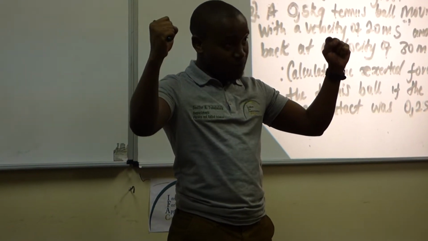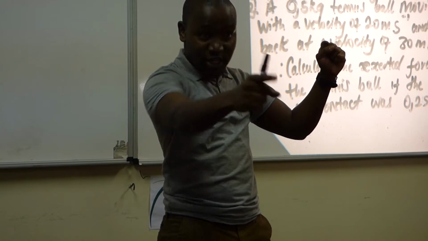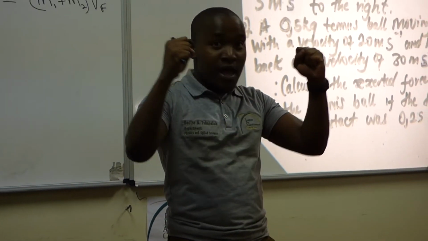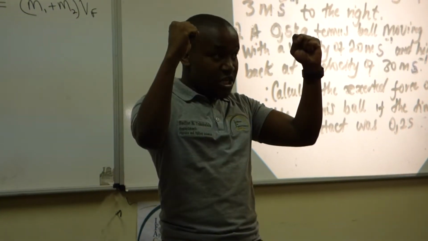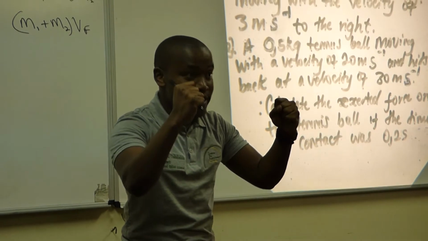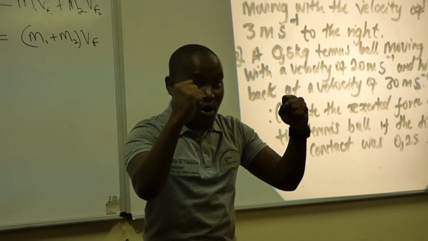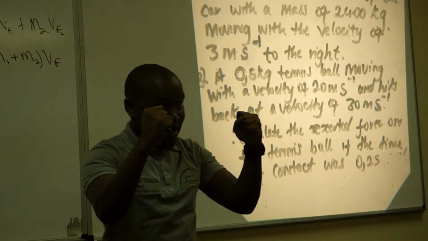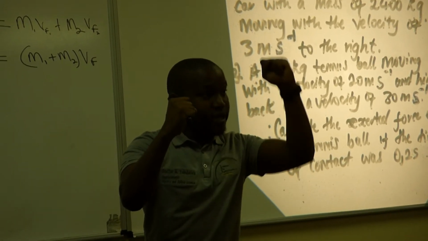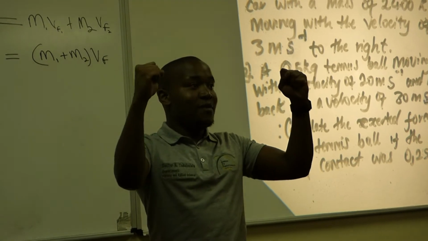I'll repeat the experiment. You have the red car. Maybe Chippy owns the red car, and Natasha owns the blue car. Then they come together, they collide. Initially, let's model them. Chippy is moving with his own velocity, and the car of Chippy has its own mass. Now, we look at the car of Natasha. The car of Natasha has its own mass, and it has its own velocity. They come, they interact.